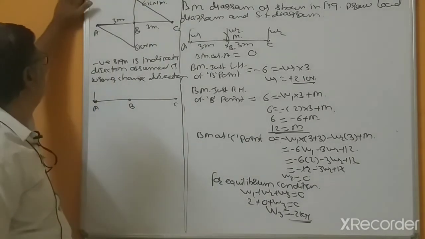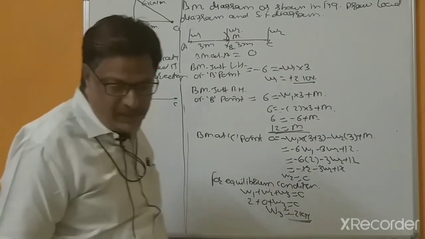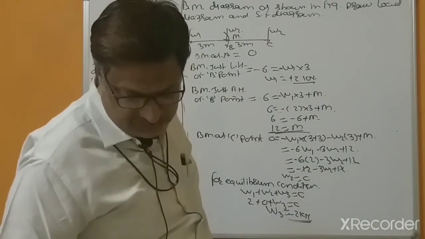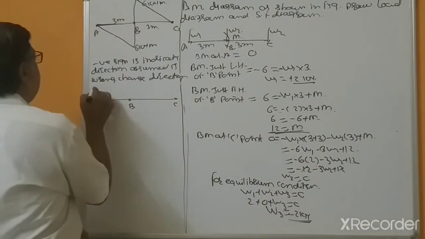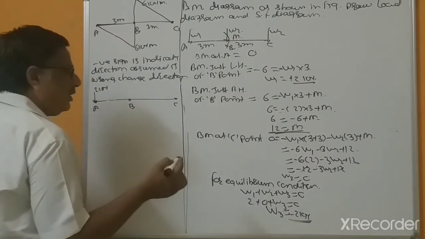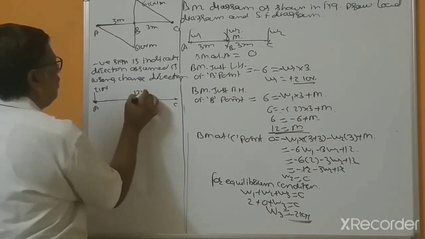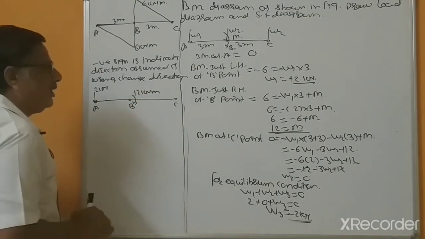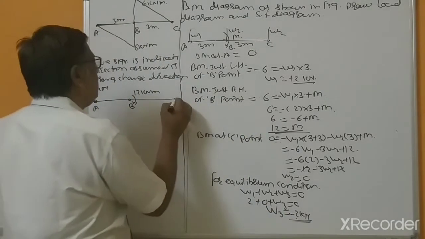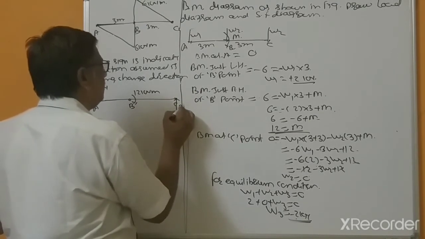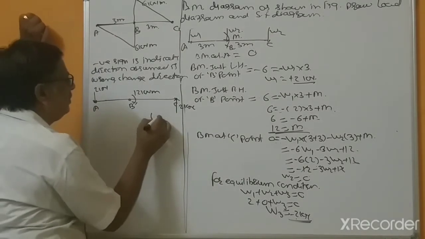At B point, no force. This is a couple acting, 12 kilonewton meter, and at C point, this is negative. So that's why we have to change. This is positive. So this is your load diagram.